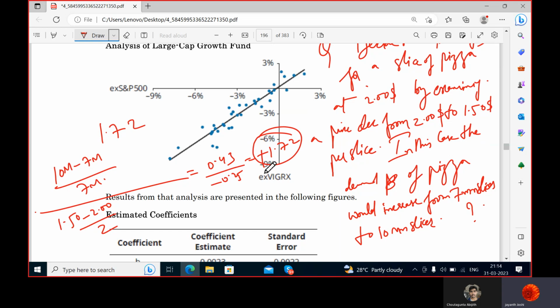And this shows the elasticity of demand is more than 1. So the change in price has led to a larger change in demand, correct? So what kind of elasticity is this, Abhijit? Is it elastic or inelastic? Elastic, correct.